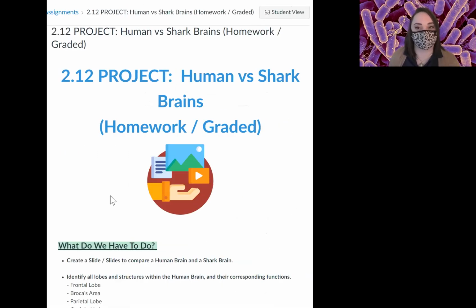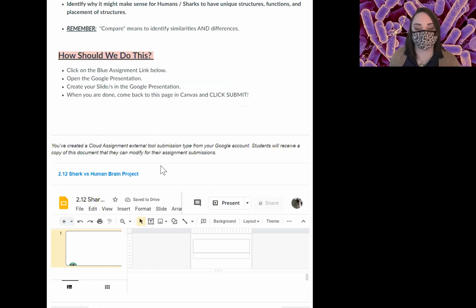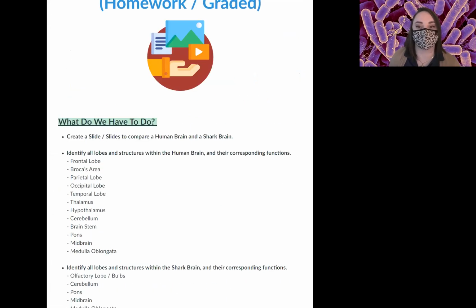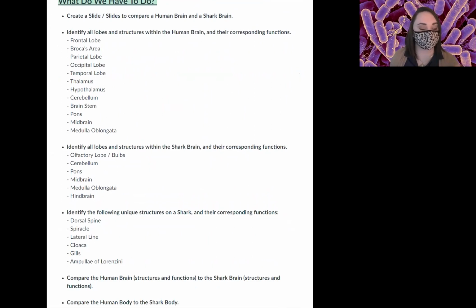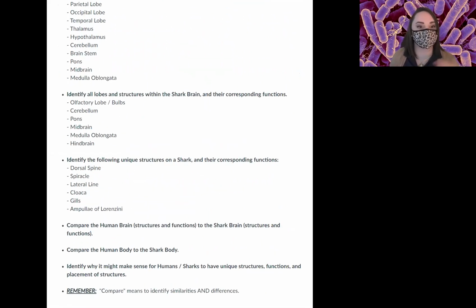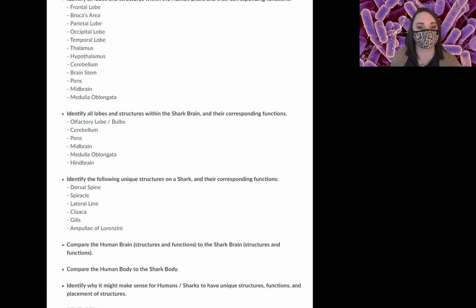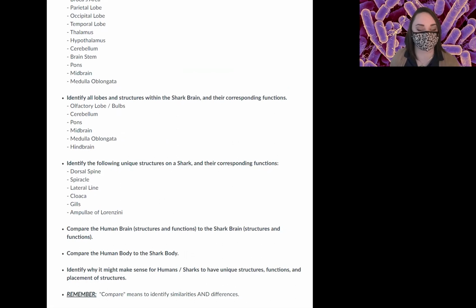So again, in this project, the focus is to identify the brain structures in a human and the brain structures in a shark and their functions. Identify some of the unique body structures in a shark and their function, and then start comparing humans and sharks and thinking about why those differences might exist and why they make sense.